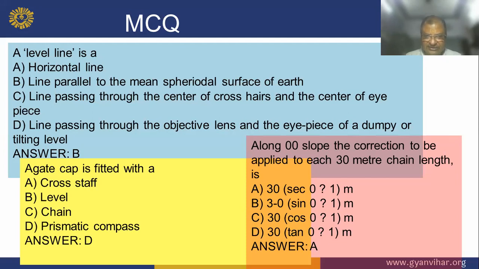So the correct answer is D, and the instrument name is the prismatic compass. Now, next question: on a 0 degree slope, the correction to be applied to each 30-meter chain length is... The correct answer is A, 30 seconds.